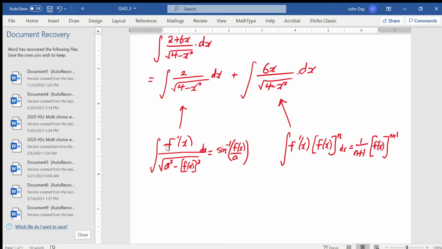So I'm going to use those two rules. I just need to do a slight bit of manipulating and I'll be fine.